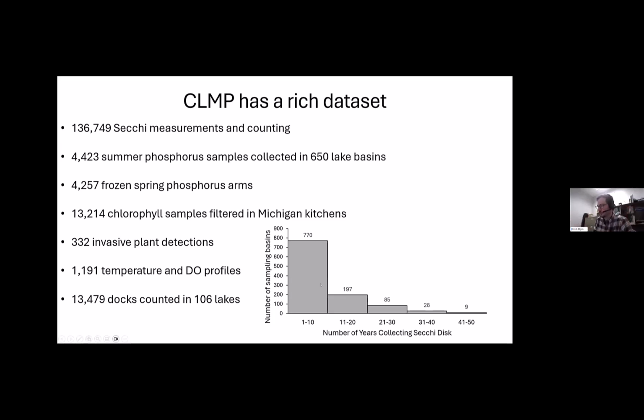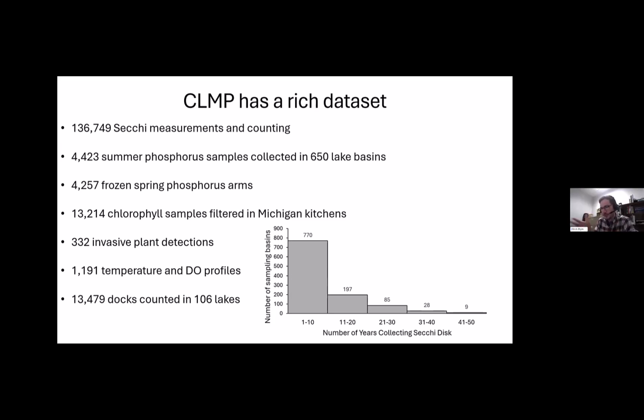But as we get more and more, it is impressive the sheer amount of data we have for some of these lakes that just would not have this data otherwise. We have almost 200 lakes that have between 11 and 20 years of data, all using the same protocols, all with the same data quality assurances throughout. And then we have almost 10 lakes that have been collecting for almost the entire 50 years.